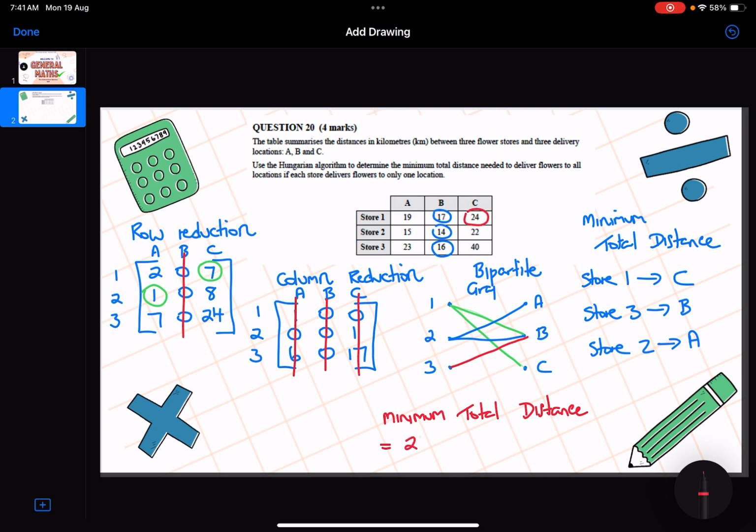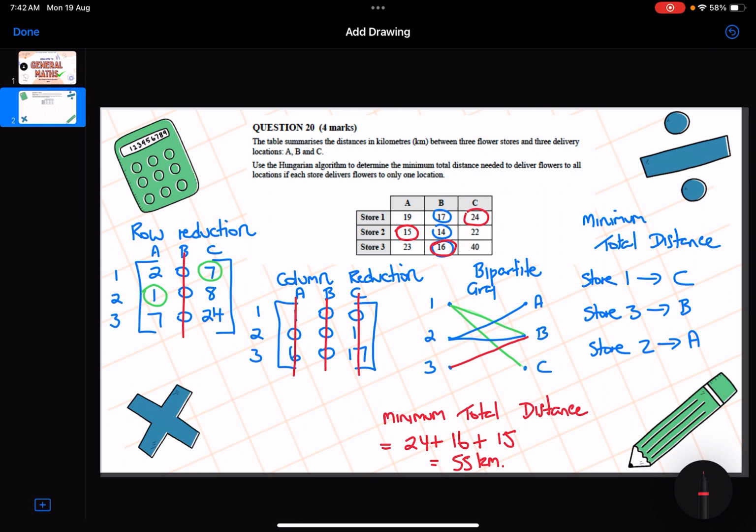We're adding to that store 3, location B, which was 16 kilometres, plus store 2, location A, which was 15 kilometres. We add those three together, and for me, that comes to an answer of 55 kilometres.